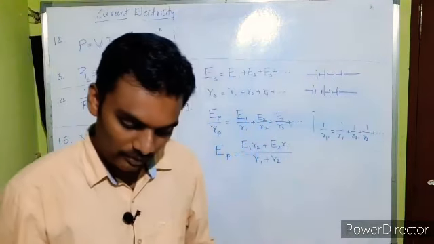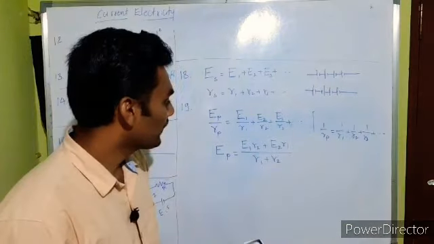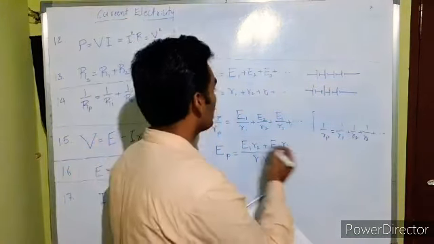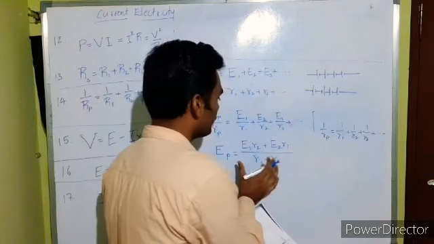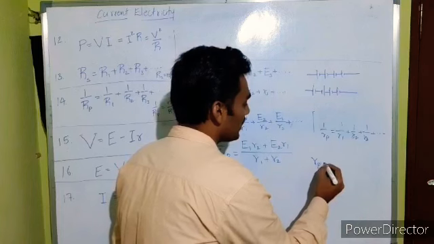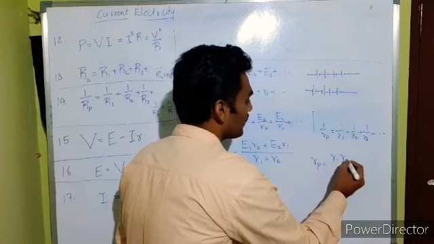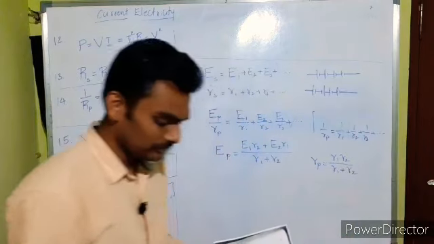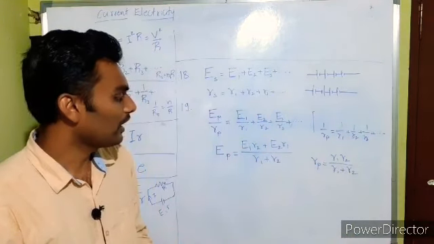So that is about equivalent internal resistance. Even the internal resistance for only two cells is given similarly by Rp is equal to R1 R2 by R1 plus R2. They have mentioned it as R equivalent.